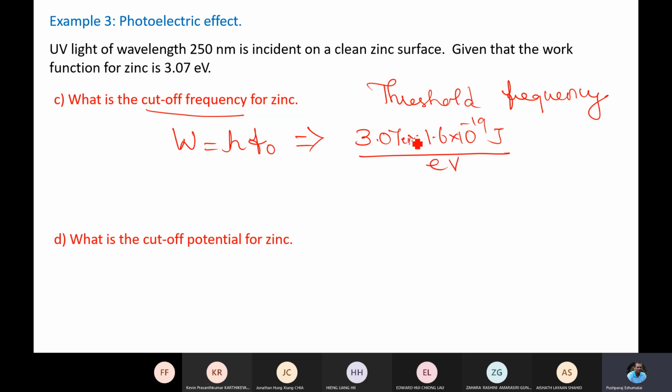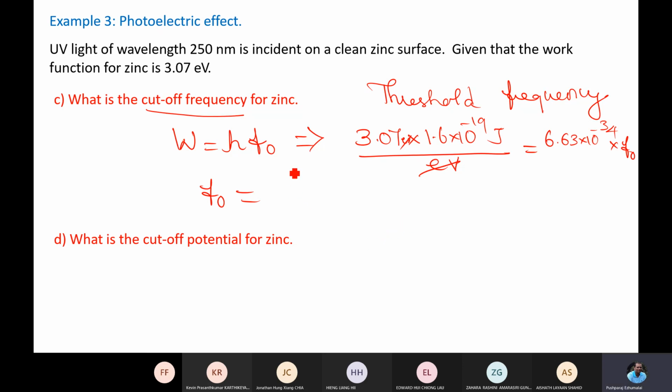So here also electron volt gets cancelled, equal to h, 6.63 10 power minus 34 into f naught. So what is f naught? 3.07 multiplied by 1.6 10 power minus 19 divided by 6.63 10 power minus 34.